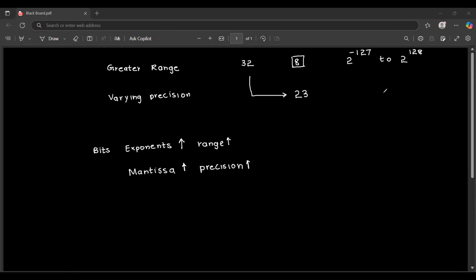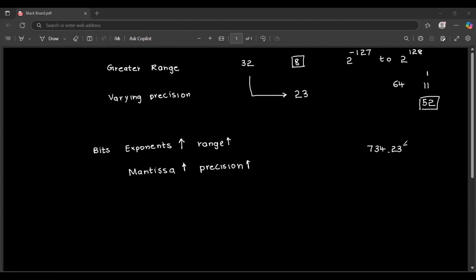Consider the 64 bits. In a 64-bit system, we allocate 1 bit for sign, 11 bits for exponents, and the other 52 bits for mantissa. Look at the precision we have. When you are doing questions in maths or physics, you just go for 2 decimal points, for example 734.23.